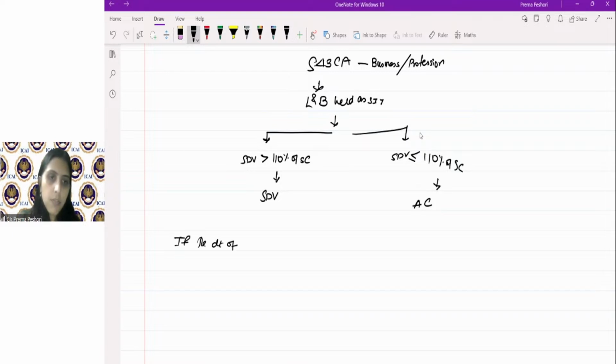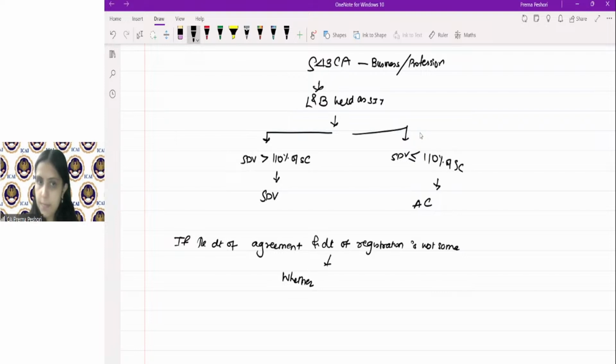If the date of agreement and date of registration is not same, whether whole or part of consideration is received through banking mode.